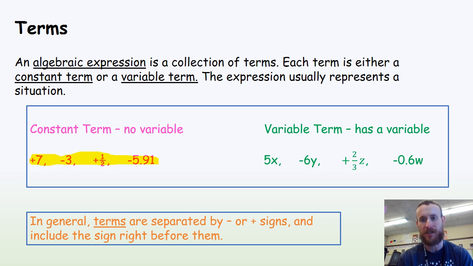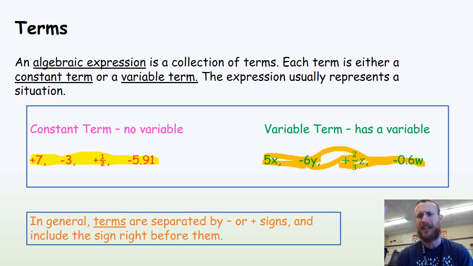So 5x, negative 6y, positive 2/3 z, negative 0.6 times w. Those are variable terms. In general, terms are separated by plus or minus signs, and they include the sign right before them. So we're going to look at how to kind of chop up expressions and see what their individual terms are on the next slide.